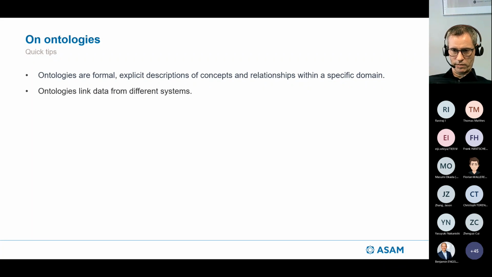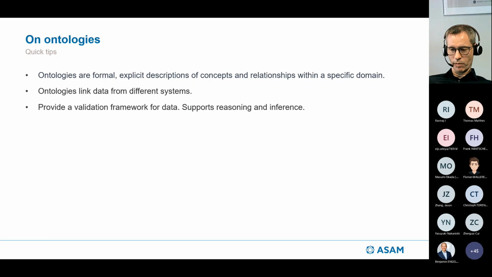They link data from different systems, so they are probably a good tool for integration. They provide a validation framework and support reasoning and inference, which means you can also put some kind of semantics into these ontologies, and that's probably also the main modeling goal of ontologies: to define semantics. On the other hand, they are time-consuming and costly to develop.